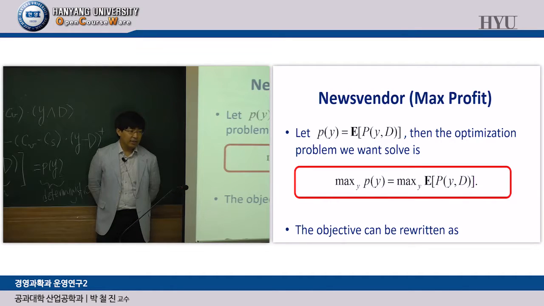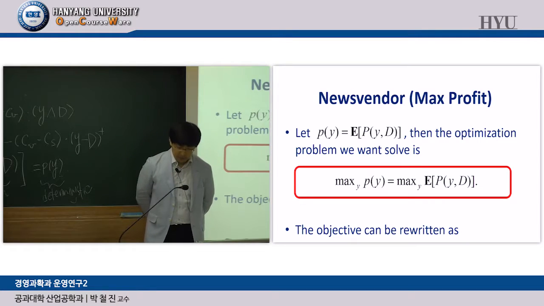Later, as I said before, we are going to evaluate the similar measure called the long run average measure, but we are not going to optimize the measure. Okay, this optimization is only for the Newsvendor problem, because we can derive the exact function of p of y in this case.